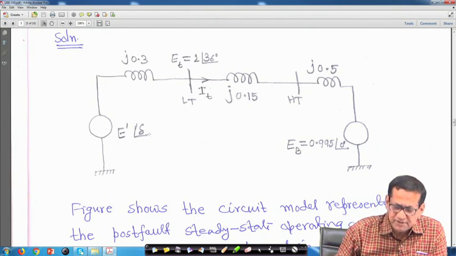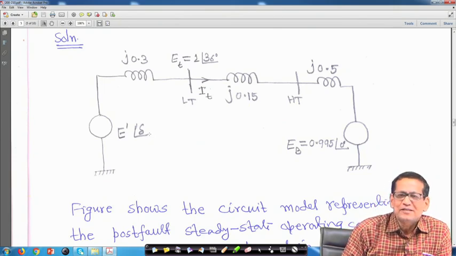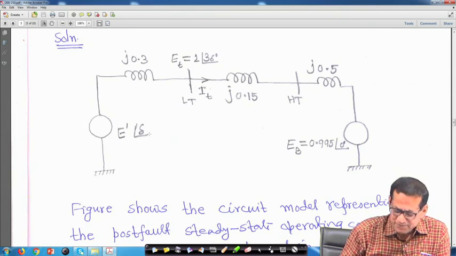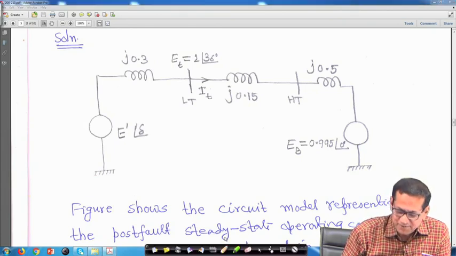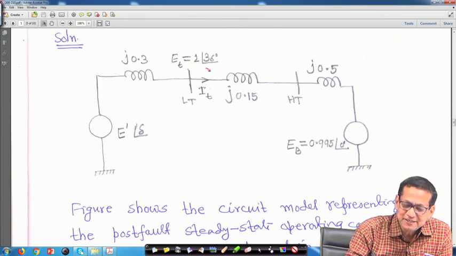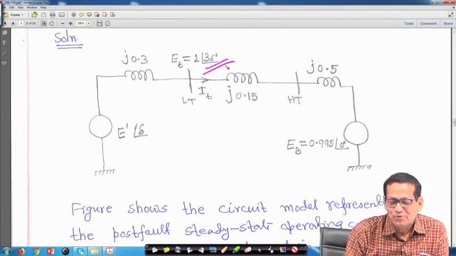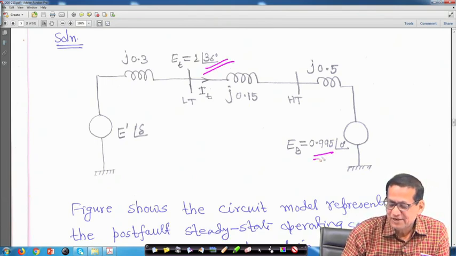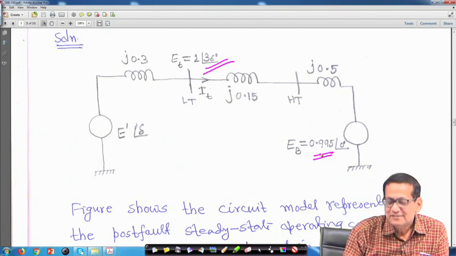Now, to solve this problem for easy calculation, it is given that E t is equal to 1 angle 36 degree and E b is 0.995 angle 0 degree.